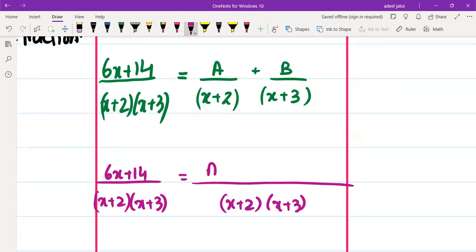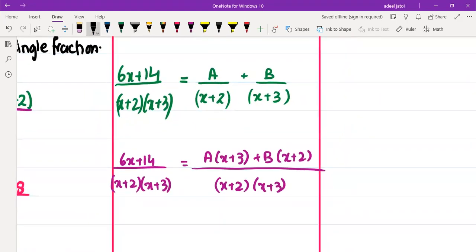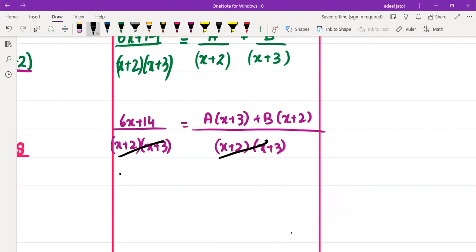But here we'll write x plus 3 multiplied by a, whereas b will be multiplied with x plus 2. But here we see that the denominators are same. So if the denominators are same, we cancel out the denominators, and the expression that you will be left with is 6x plus 14 is equal to a, x plus 3 plus b, x plus 2.